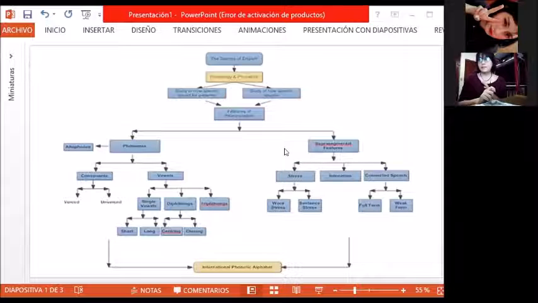Let's talk about consonants and vowels. Generally speaking, there are two main types of consonants. Those are voiced and unvoiced. The difference between them is that one of them produces a vibration in our throat when we say them in isolation.